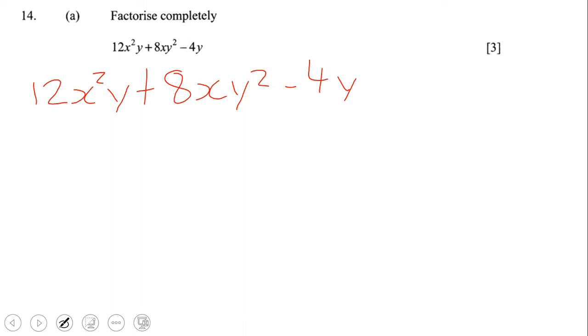Let's list the factors, not multiples, my bad.